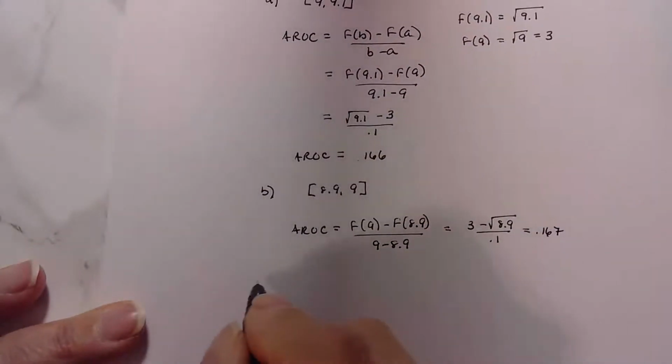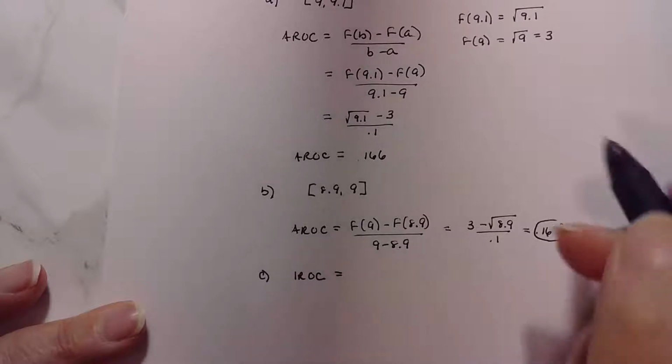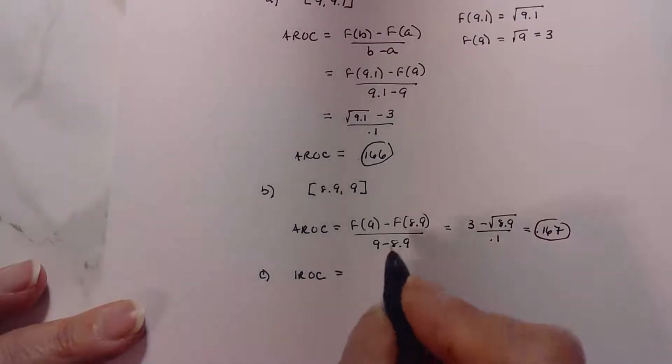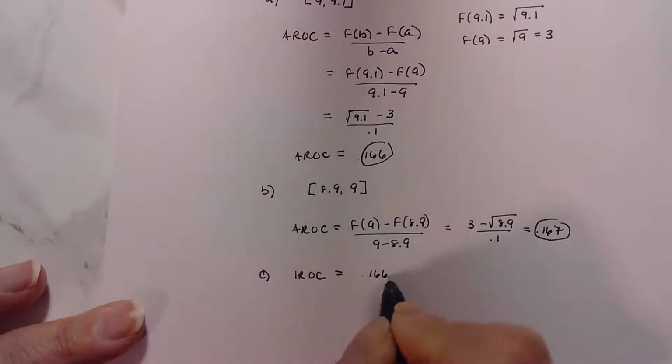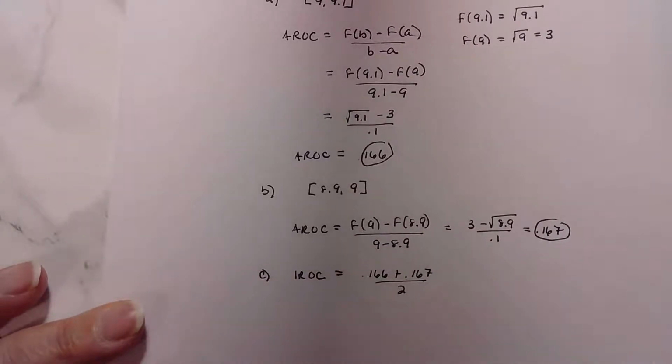So for part C, when they ask us to estimate the instantaneous rate of change, what we know to do is we take our two values, the one from the right and the one from the left, add them up and divide by 2. So we would say it's 0.166 plus 0.167 divided by 2.